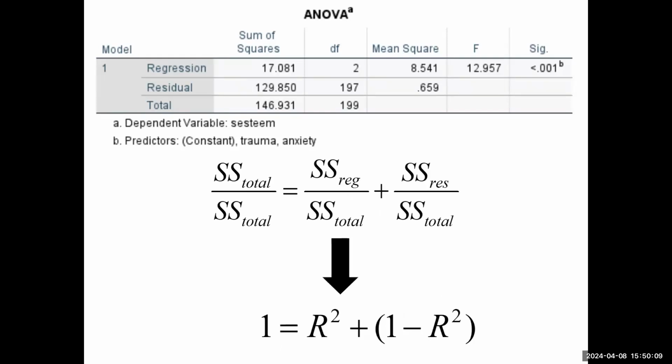And then at the bottom of this slide, we can see that we end up with this identity where 1 equals R-squared plus 1 minus R-squared. Now remember, we defined R-squared as the proportion of variability in the outcome that can be attributed to the model. And so I just wanted to show this is how we get that number numerically, right?